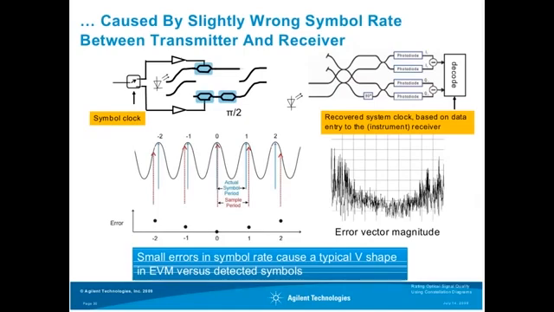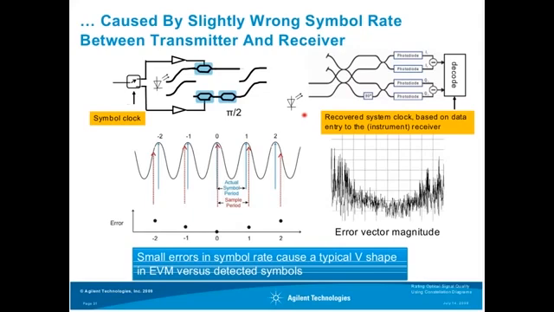And what is the reason for this problem? This very pronounced V-shape is caused by a slightly wrong symbol rate between the transmitter and the receiver. You see here the symbol clock producing the two data streams, and in the receiver you need to input the used symbol clock either to the instrument or to your real receiver itself.